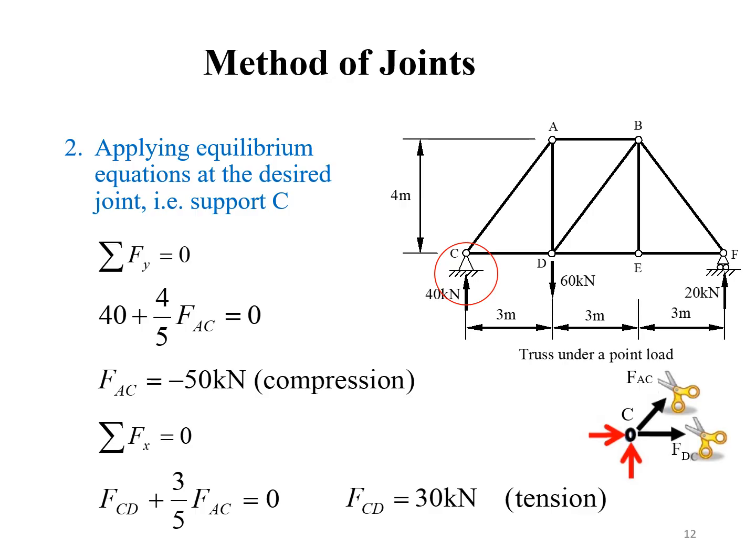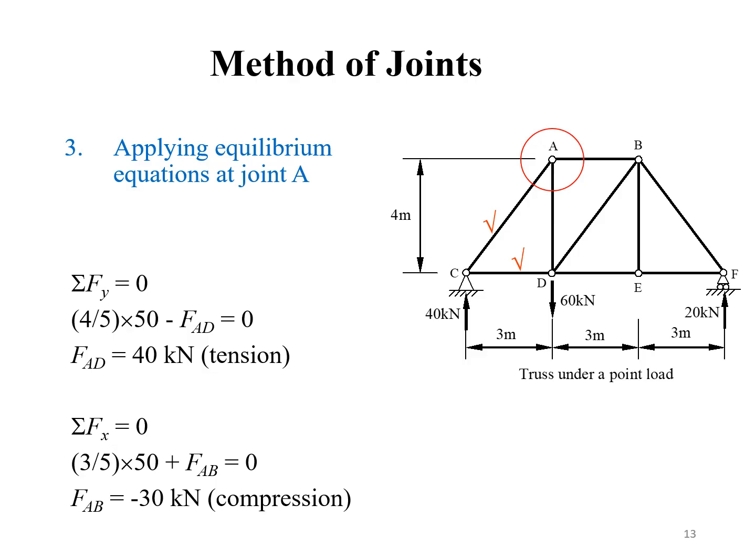Taking equilibrium of the horizontal forces, we get that the force FCD must balance the horizontal component of the force FAC and is equal to 30 kilonewtons. That's all of the forces acting on the joint C calculated. The force in each member is constant, and so we now also know the forces acting on the joints at the other ends of these two members.